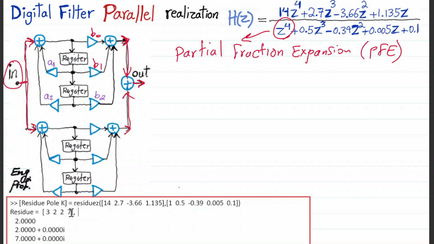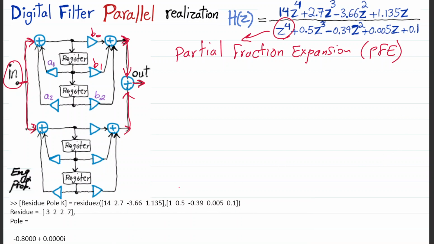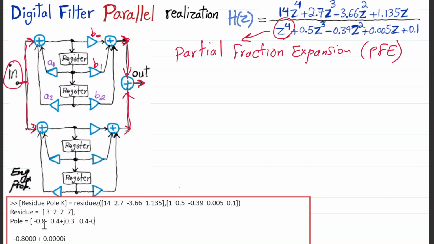And the poles I found are a little bit more busy. The poles are minus 0.8, and then 0.4 plus j0.3, that's the complex number, and 0.4 minus j0.3, and then minus 0.5.